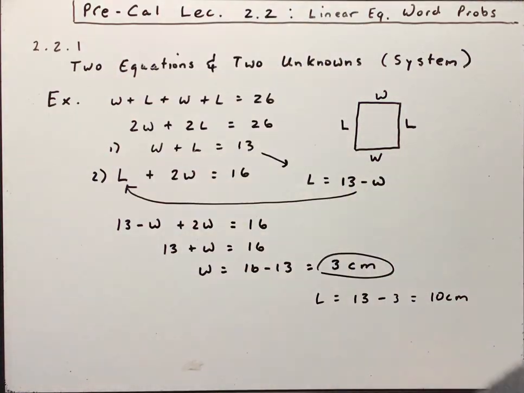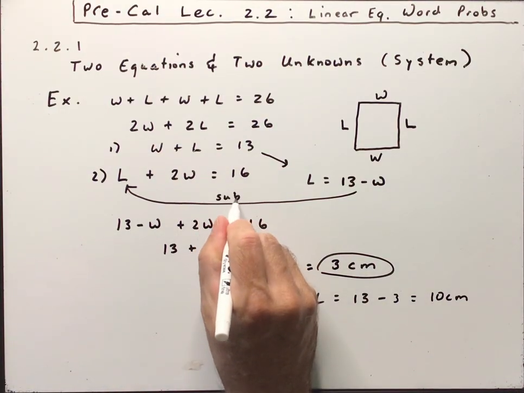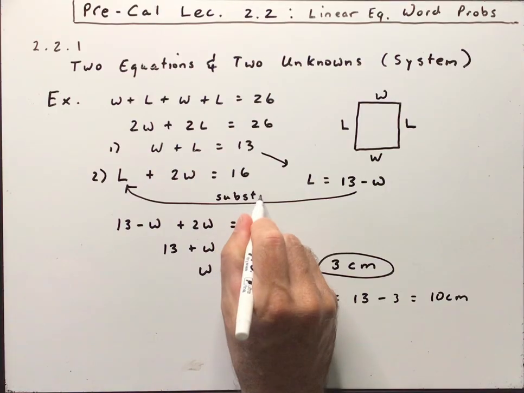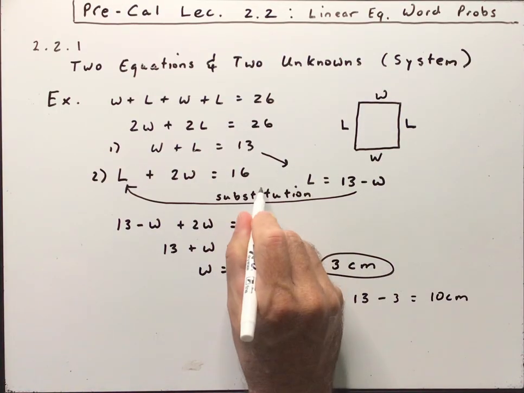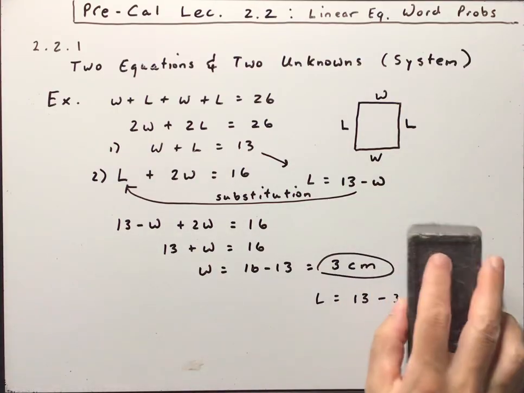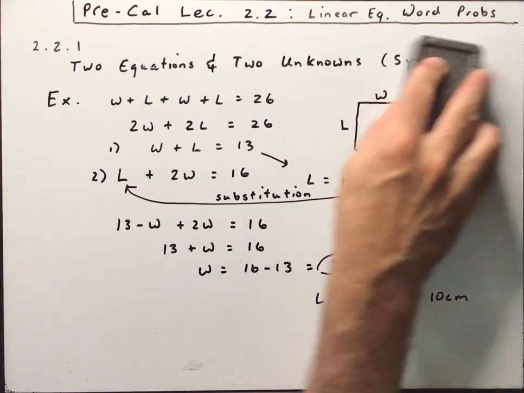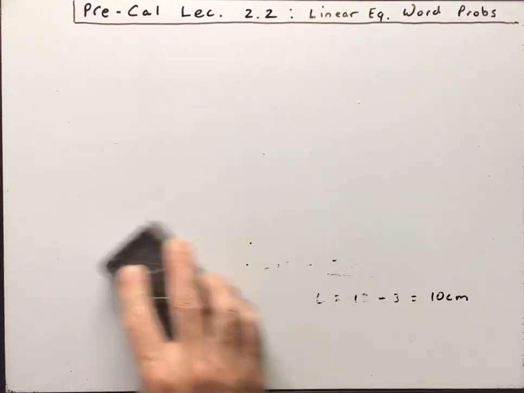So there's one with two equations and two unknowns, and we have a system. What we did right here with this long arrow is called a substitution. I'm sure you've seen that before in Algebra 1 and Algebra 2, and we're going to do a lot of that in solving word problems.